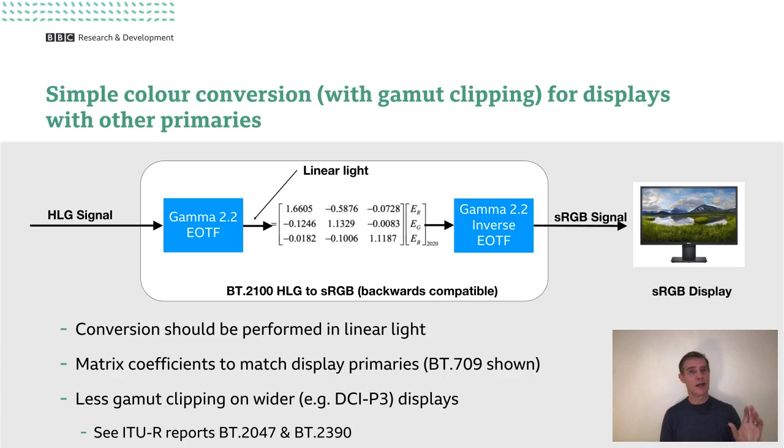You then apply a standard color matrix conversion here to go from BT2020 to BT709. You could use P3 if you happen to be targeting a wider gamut P3 display. And then once you've got that linear display light signal with the new primaries, you apply an inverse gamma 2.2 EOTF to give you the nonlinear signal. There's lots more information on that in IR reports.